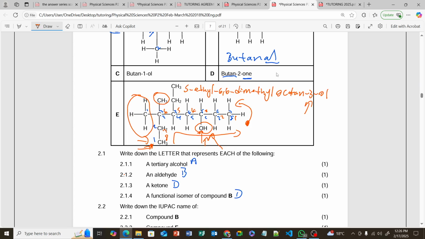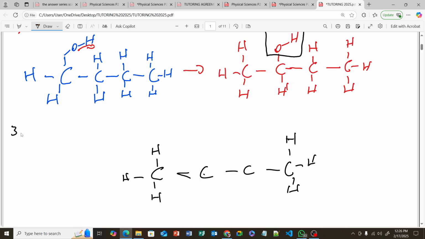Can you see they've numbered here, right? With ketones, as long as the carbons are between 3 and 5, 3 or 4 or 5 carbons, your functional group will always be at position number 2. Okay, your functional group will always be at position number 2.